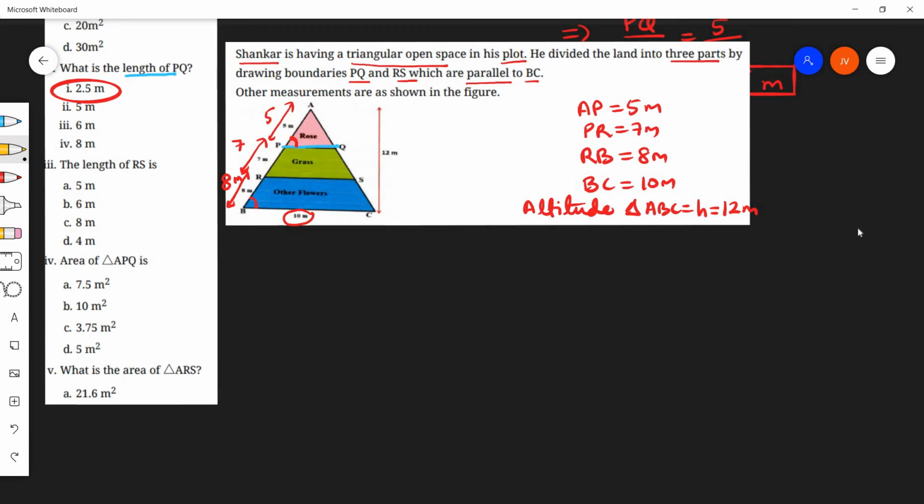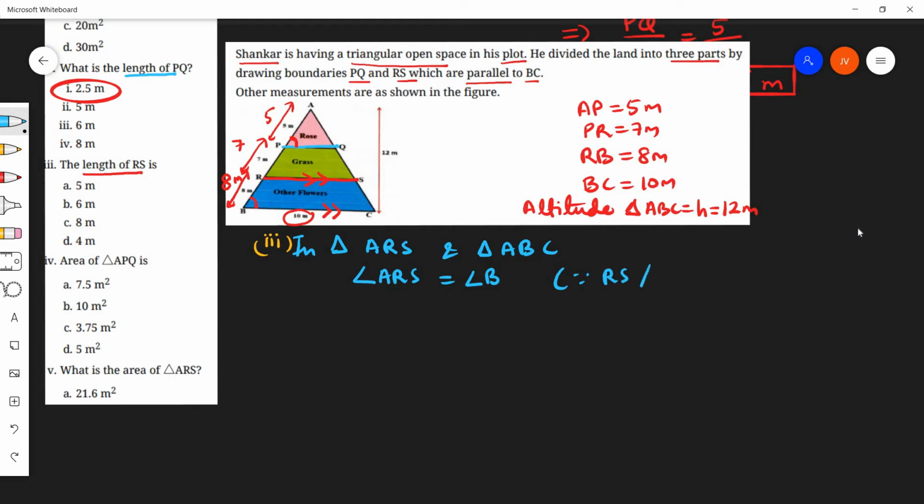Let's answer the third bit of the question. We are supposed to find length of RS. RS is where in the diagram you see I am outlining it, and according to the question, RS is also parallel to BC. So we will consider triangle ARS and triangle ABC, and in these two triangles you see angle ARS will be equal to angle B. Why?